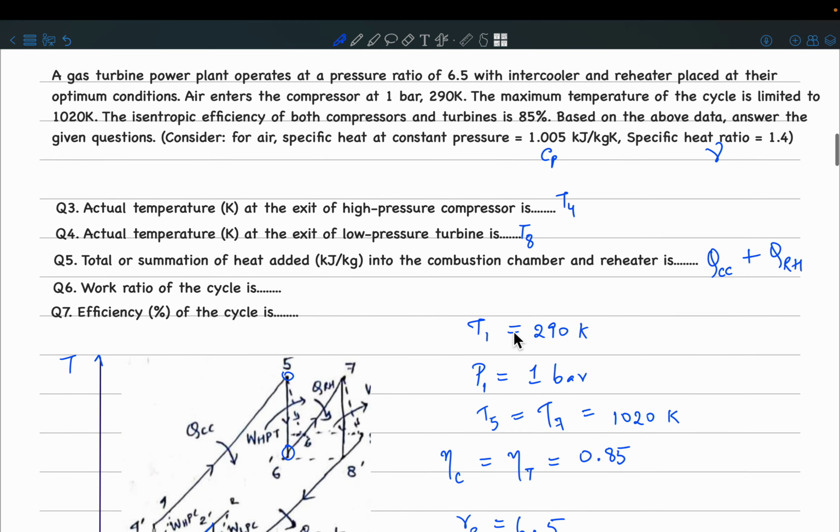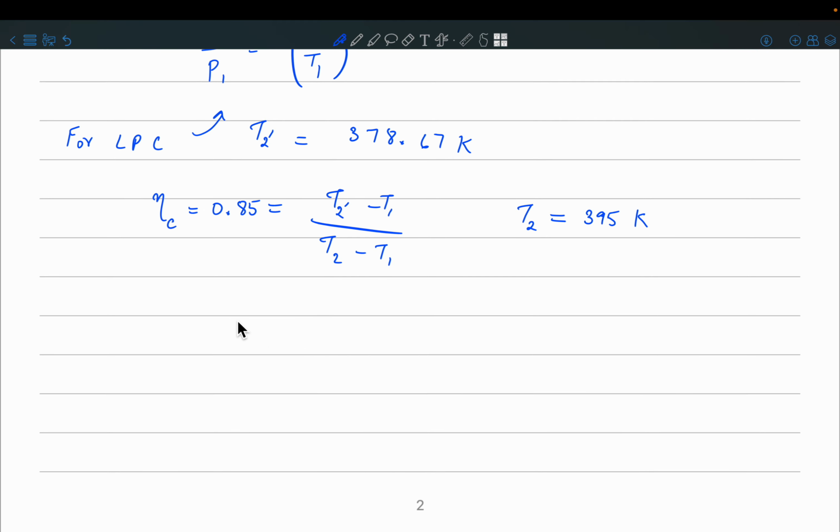So if you come down, due to perfect intercooling, T2 is going to be equal to T4, and hence we have the exit temperature at the exit of the high pressure compressor, which is 395 Kelvin.